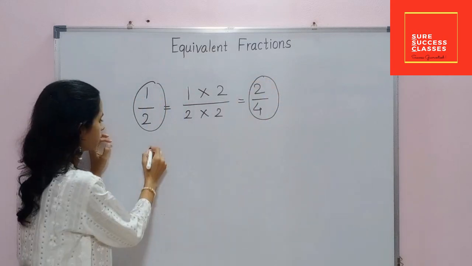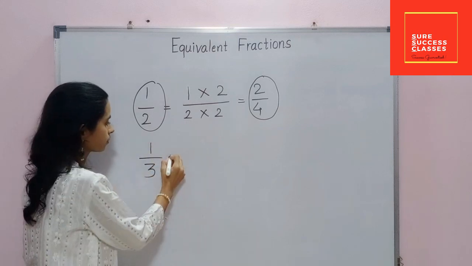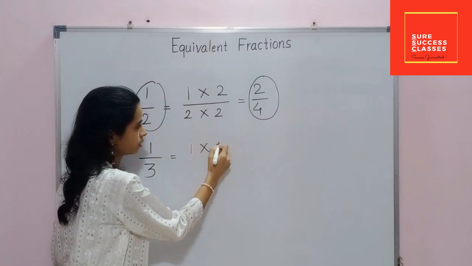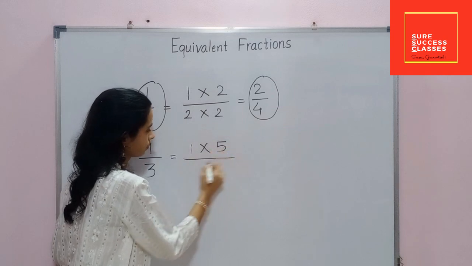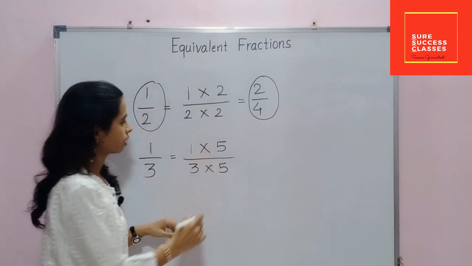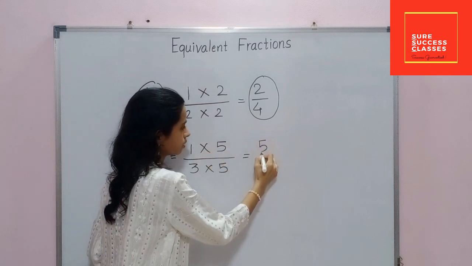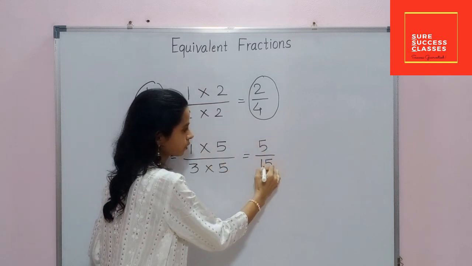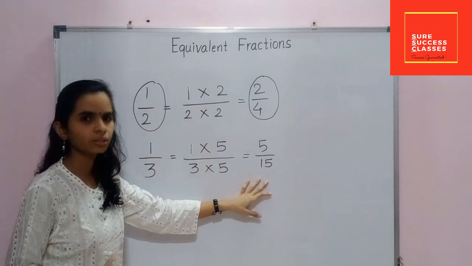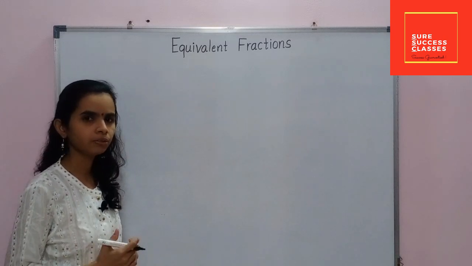In the same way, we can find the equivalent fraction of 1 by 3. Here we can multiply 1 by any number. I am taking 5, and multiplying 3 by the same number 5 as well. 5 ones are 5 and 5 threes are 15. So the equivalent fraction of 1 by 3 is 5 by 15. We can find the equivalent fraction of a given fraction by division also.